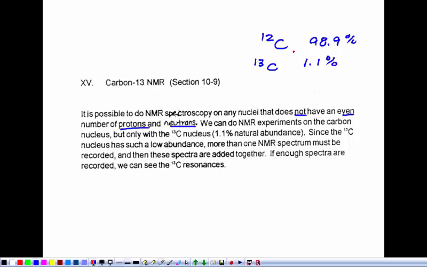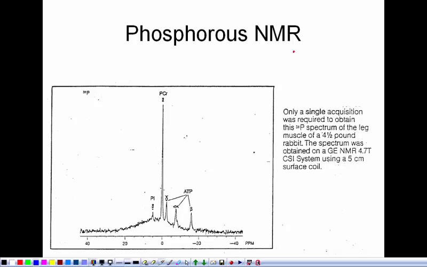So there's lots of things. But in biochemistry, you can do phosphorus NMR to look at things that contain phosphorus, like energy molecules like ATP, or the other one, ADP. But this is like a 20-year-old spectrum where they basically took the leg muscle of a rabbit, and I think the rabbit was still in contact with its muscle. And what they did was they put the rabbit inside of a magnet, and then they attached a coil to the skin.